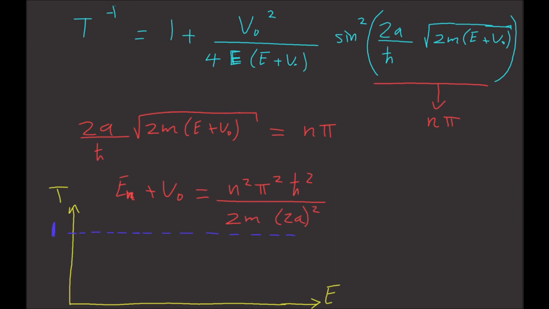So this plot goes like this. It goes here, touches this, and then comes down, touches again, comes down, touches again, and it oscillates this way. And it touches every time we have this n pi over here. So you can think of these as the n's.